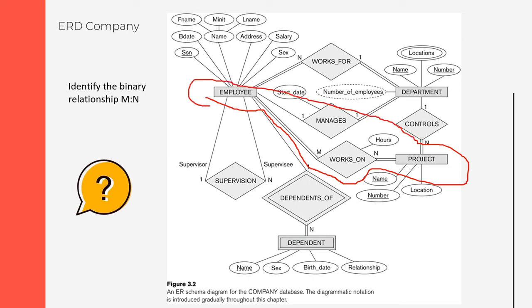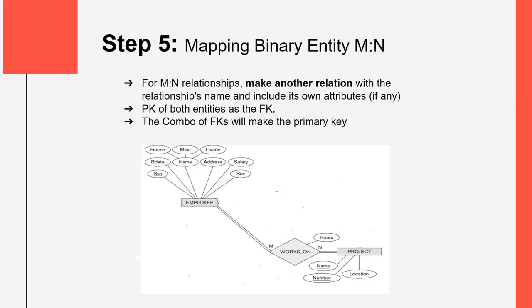This is the related relationship. For an M to N relationship, make another relation with the relationship name, include its own attributes if any, and the PK of both entities as FK. The combination of the FKs will make the primary key. So we must follow these rules.